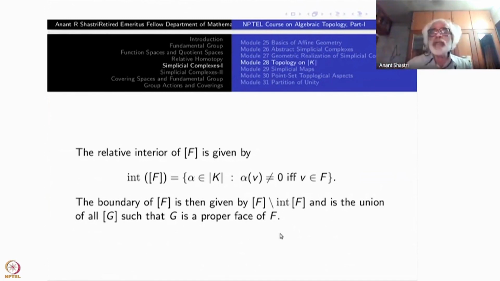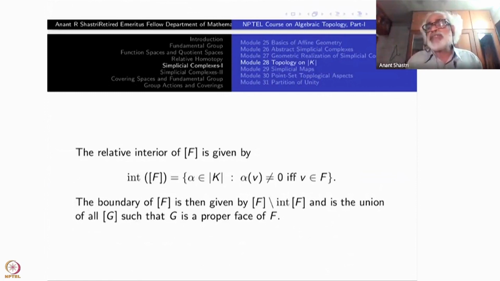So this can be done for geometric things, and that's what we are going to do. For example, suppose you have a closed interval contained in R2, as a subspace of R2, but it is inside R. In R, the closed interval has its interior, which is the open interval.